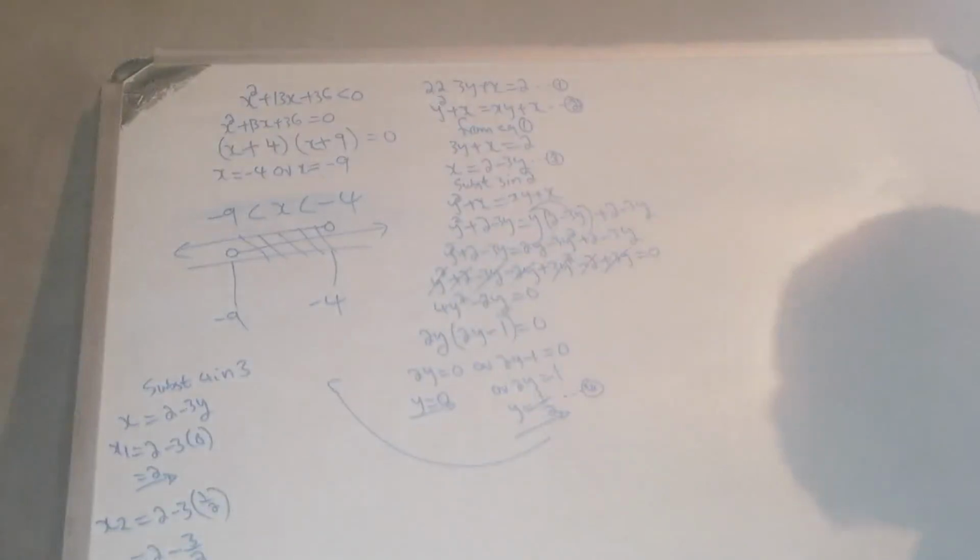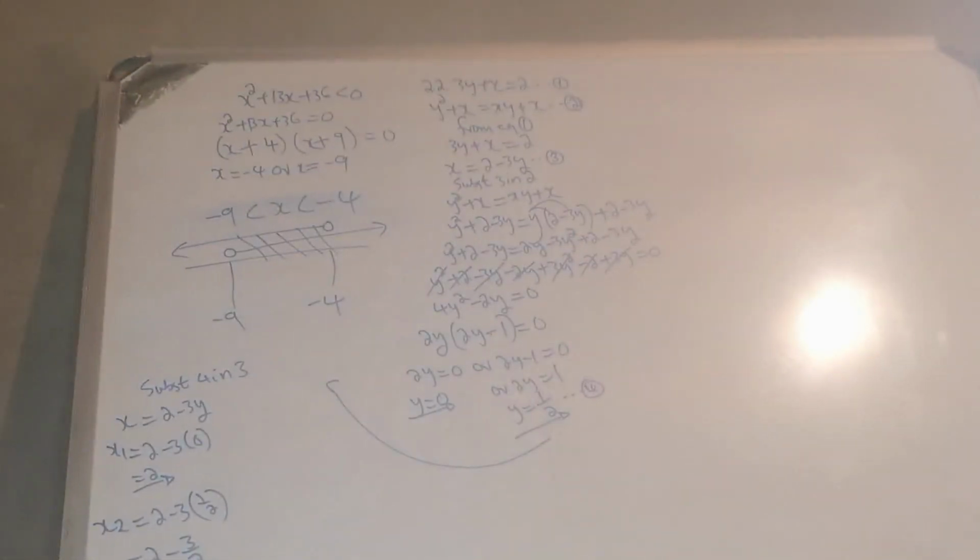I will say x2 equals 2 minus 3 into 1/2, and this is 2 minus 3.5. Maybe you might get a value there that is making a lot of sense. 1 over 2.